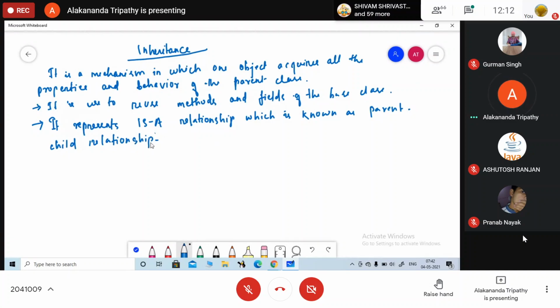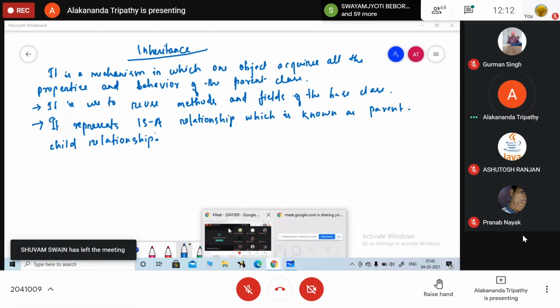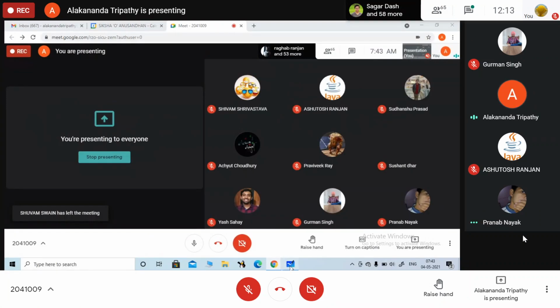Okay, so inheritance represents an is-a relationship which is known as parent-child relationship. Am I clear to all of you?